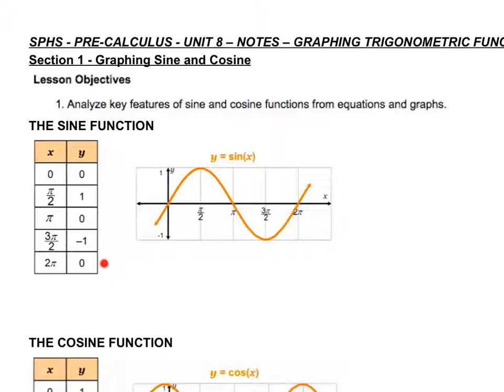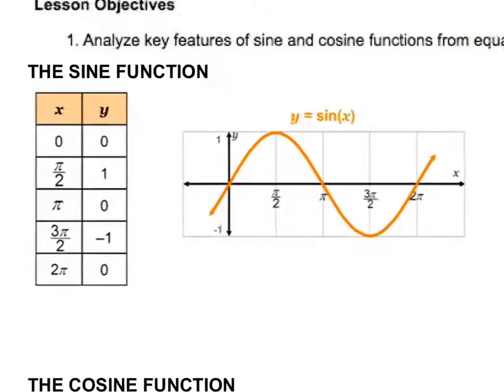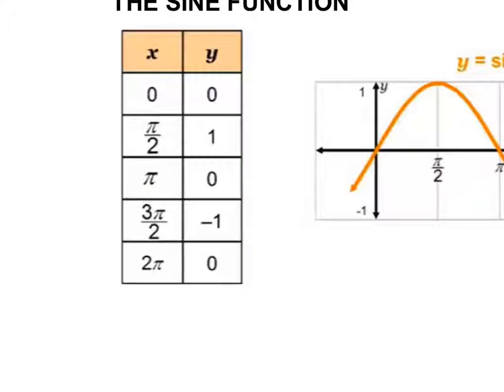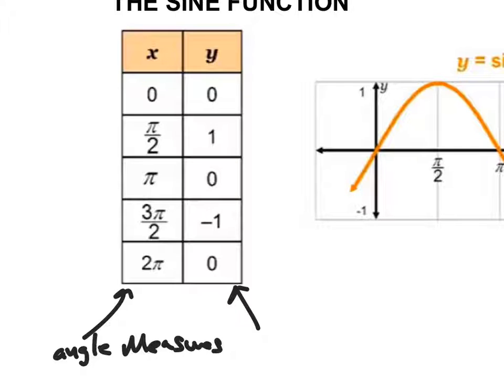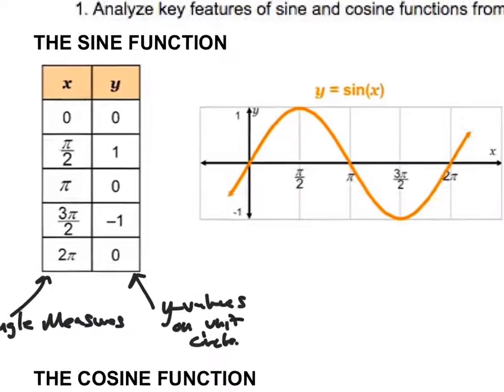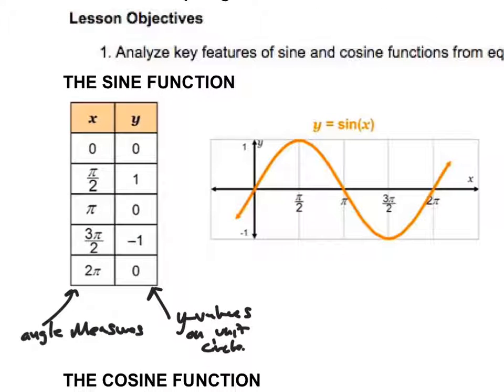As we go back to our video, let's look at this graph here, because this is a better depiction of what we were doing. Remember that the x values are the angle measures, and the y values are the y values on the unit circle. As we go through, we have all these different points.